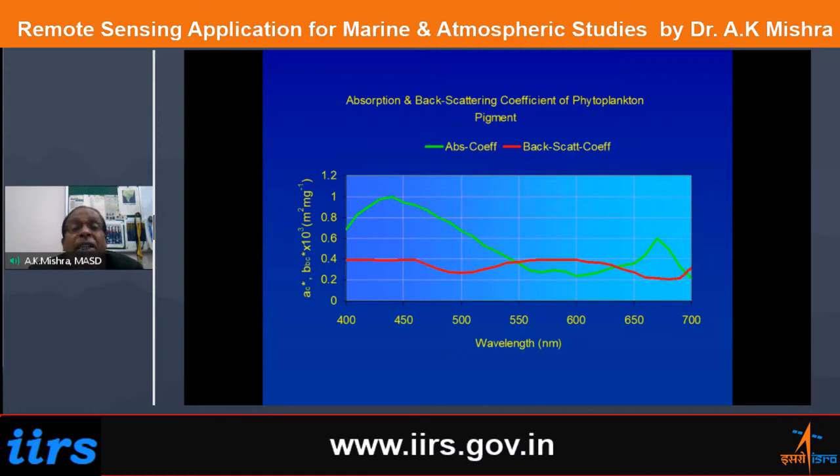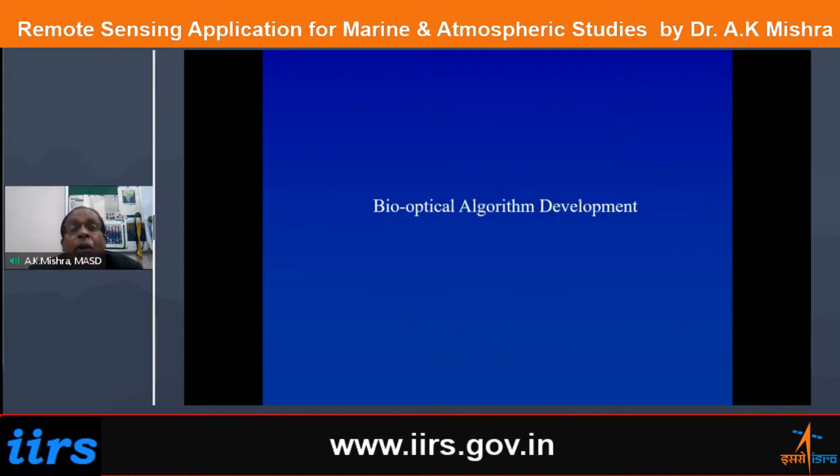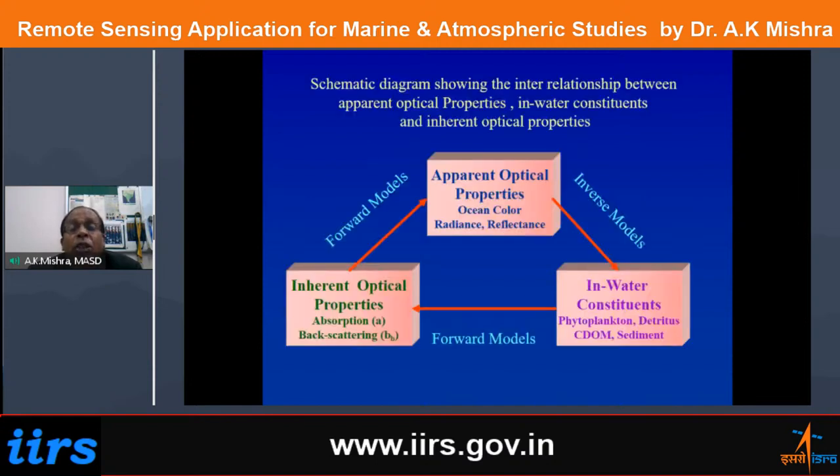So taking the absorption coefficient of phytoplankton adding to the water molecules, wherever the phytoplanktons are there, the water absorption will be more in the blue end of the spectrum. So you can develop a biooptical algorithm.